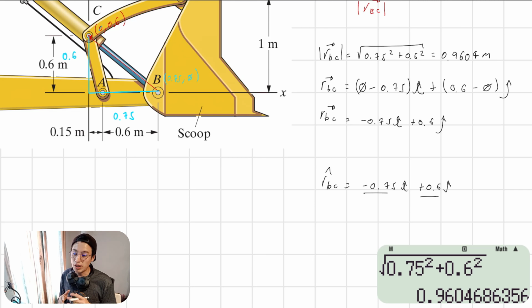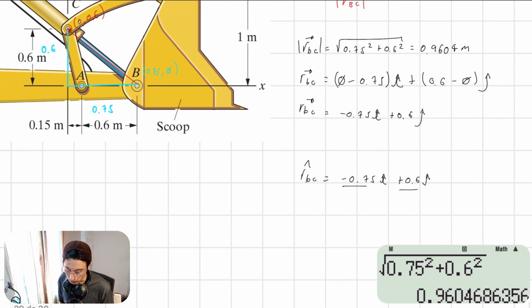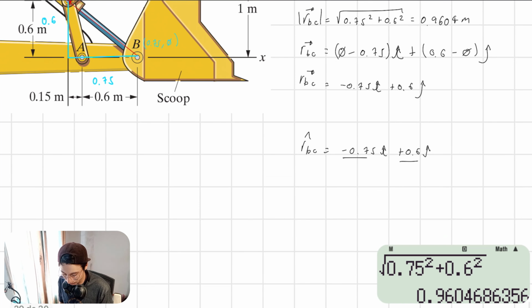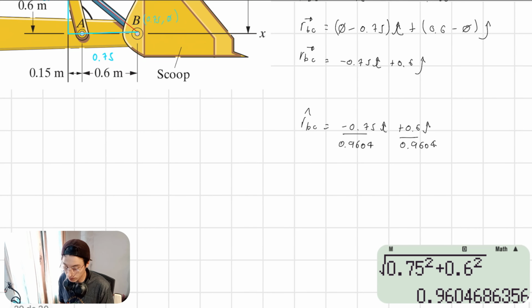All you have to do is apply the division to all the components, like I'm going to do at this moment. 0.9604. It has to be distributed by all the terms of the vector.